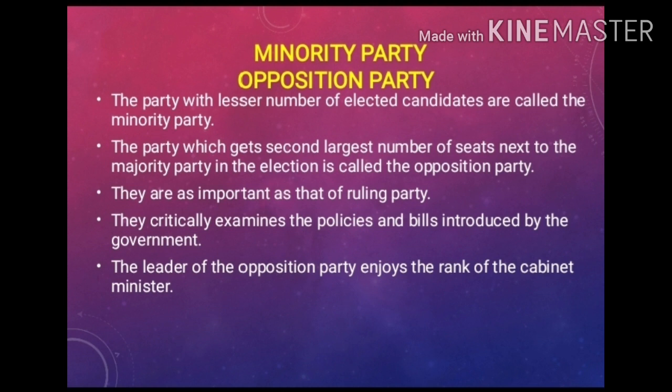So they are very important for the proper functioning of the ruling party. They critically examine the policies and bills introduced by the government.